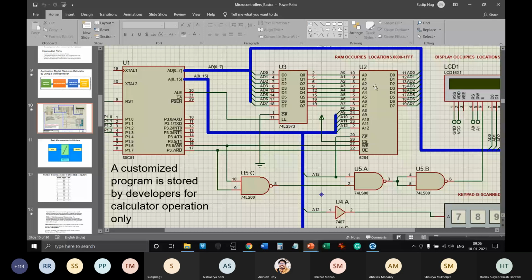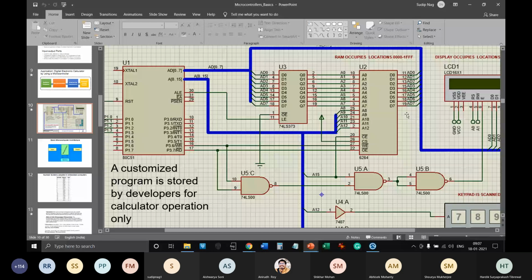Similarly, this is a RAM, so this is not a program memory. This could be a data memory only. But there could be another memory chip, not used over here, which could be a flash memory or EEPROM, which can be used for storing program. We'll call that an external program memory.